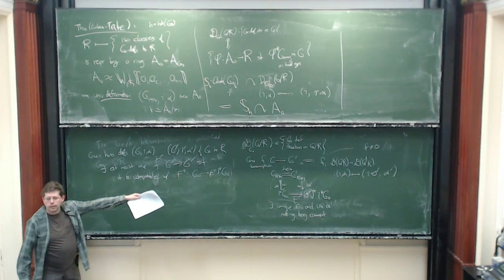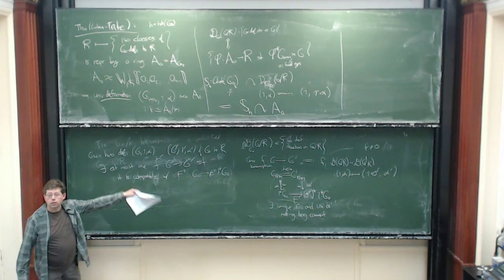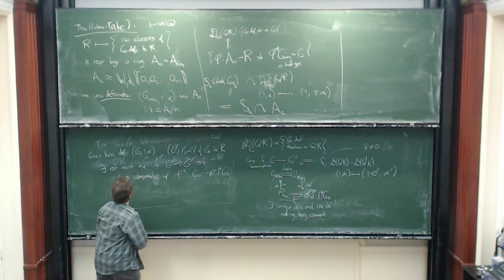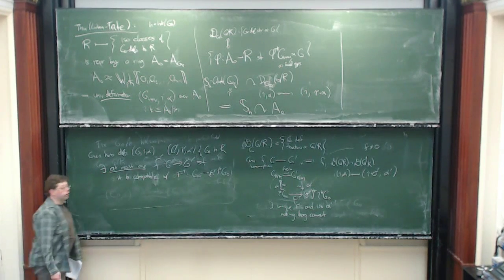And that's exactly in the sense of what's on the board on the right-hand side, that some diagram commutes. There's at most one of these for a given R.